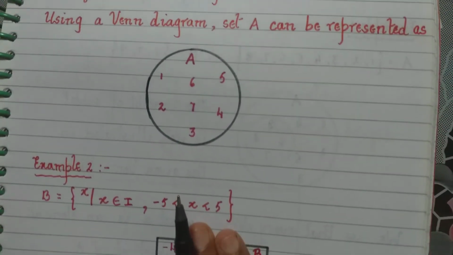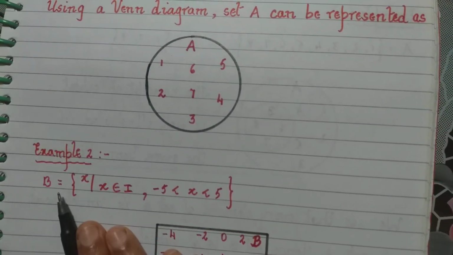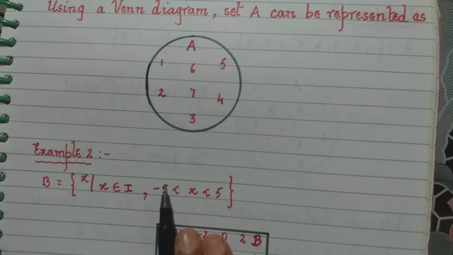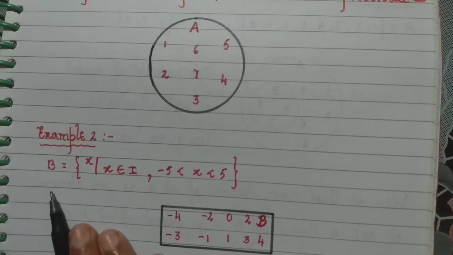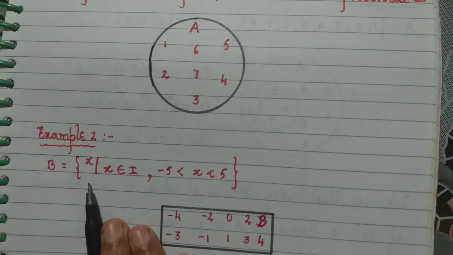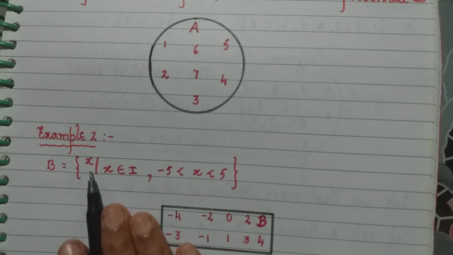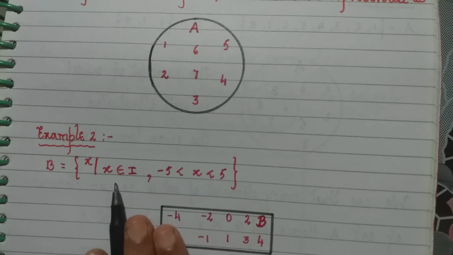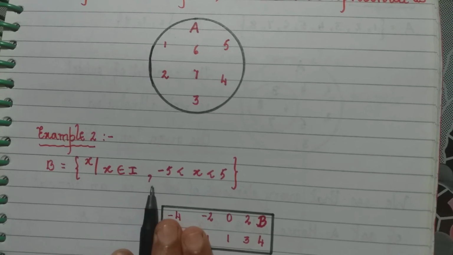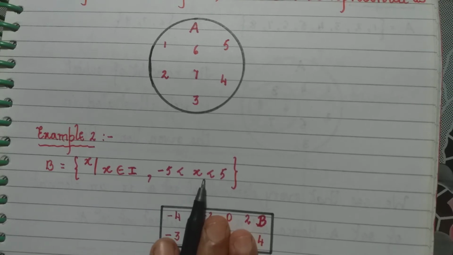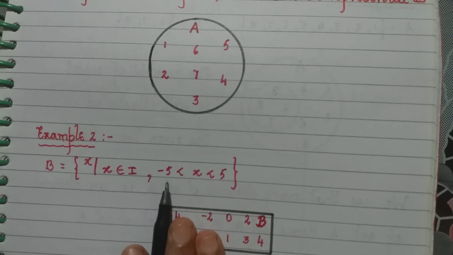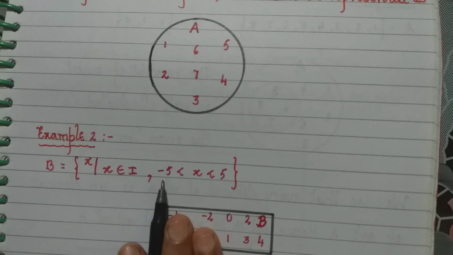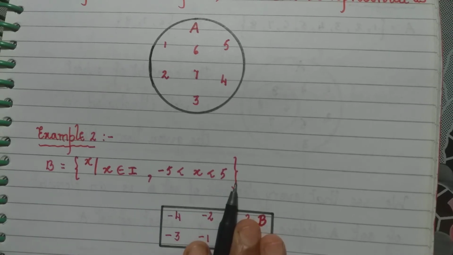Now if you see example 2, set B is written in the form of the rule method. That is, set B consists of all the elements x such that x belongs to I. Belongs to I means it belongs to the set of integers, and x lies between two numbers, that is -5 and 5.